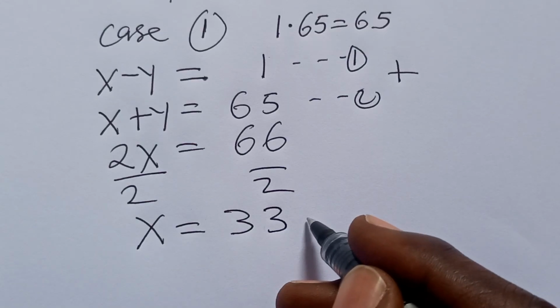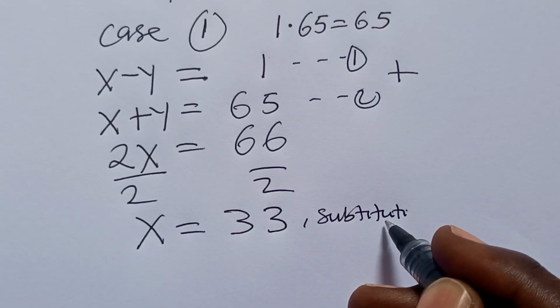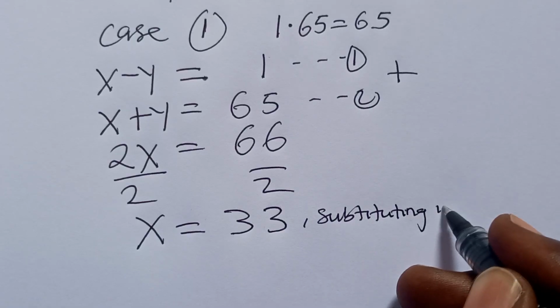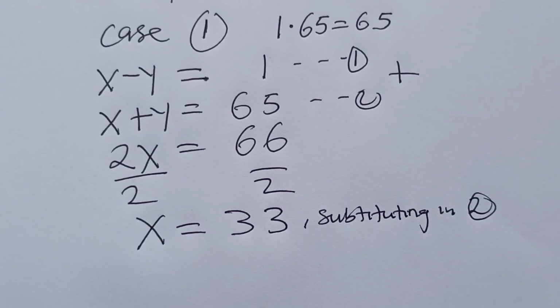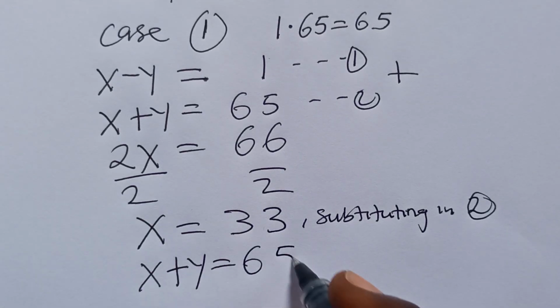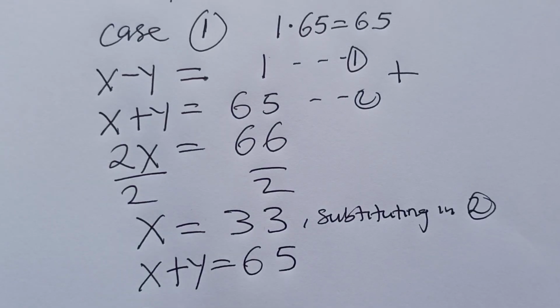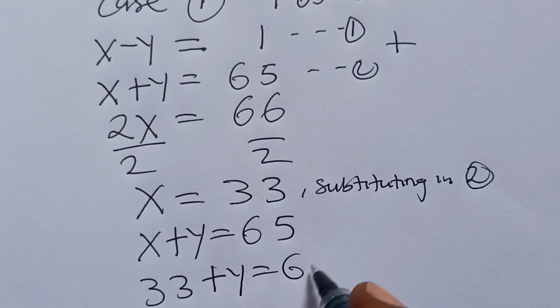So substituting in equation 2, let's write down our equation 2. So our x is 33, so we have 33 plus y equals 65.